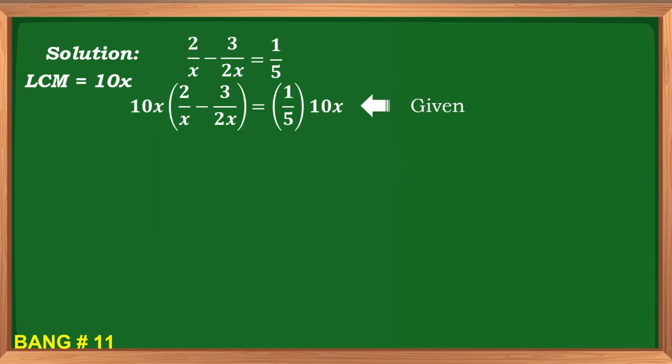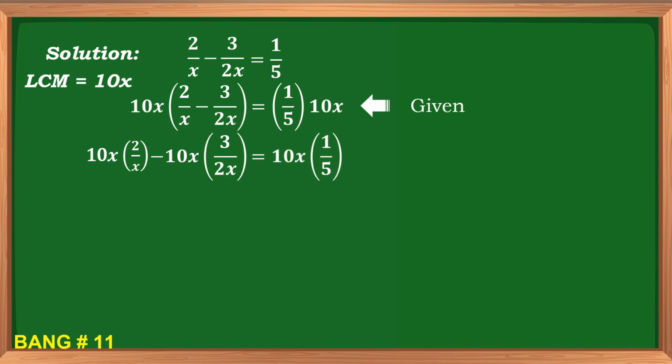Multiply both sides of the equation by 10x and solve the resulting equation. And this shows 10x times the quantity 2 over x minus 10x times the quantity 3 over 2x is equal to 10x times the quantity 1 over 5.